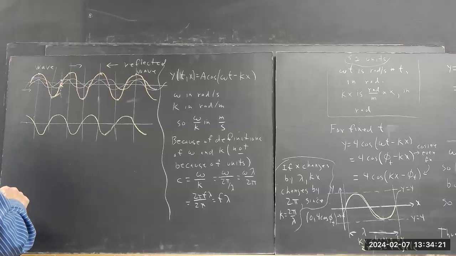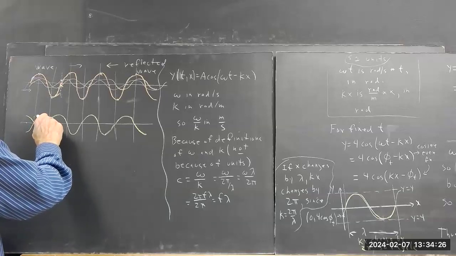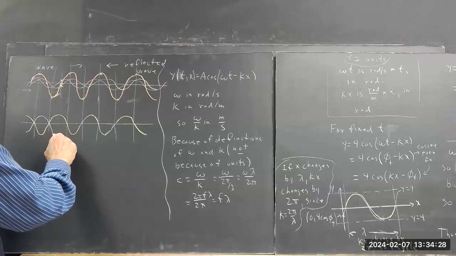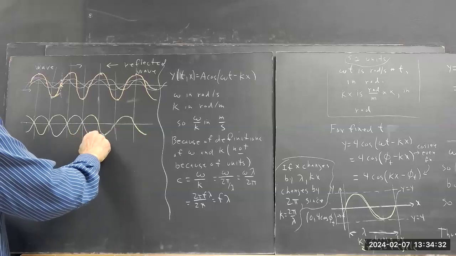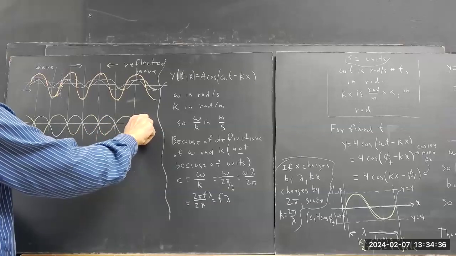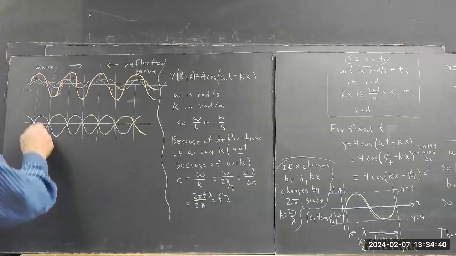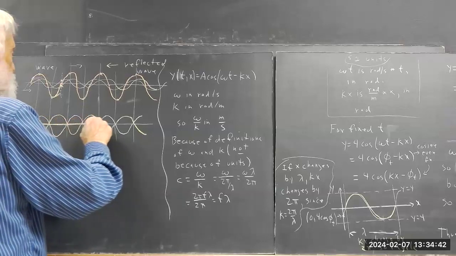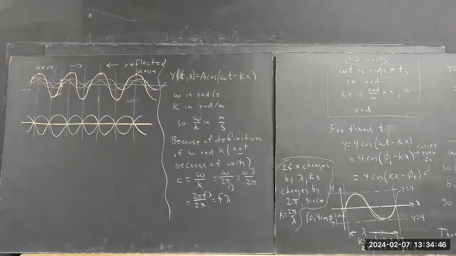The white graph, I'll draw some of the valleys here. And what happens? The sum of the graphs is a flat line. Okay.